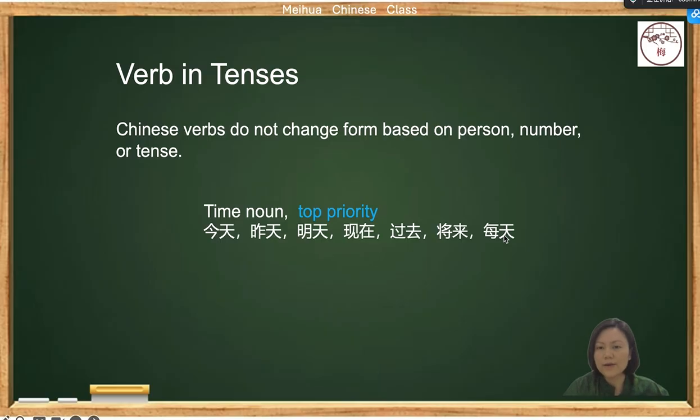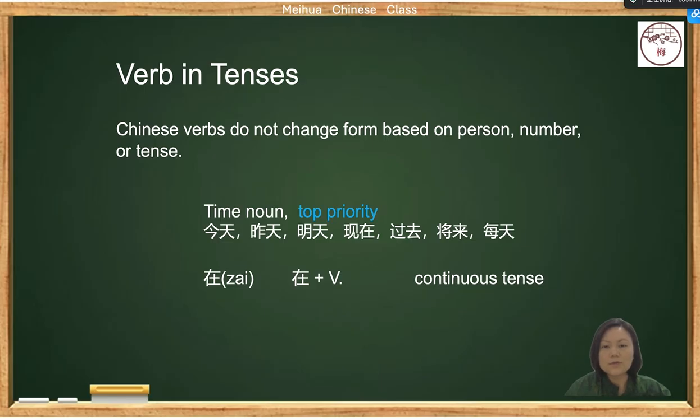When we say every day, we know that someone is talking about his routines, right? Which corresponds to the present tense in English. So this is top priority.